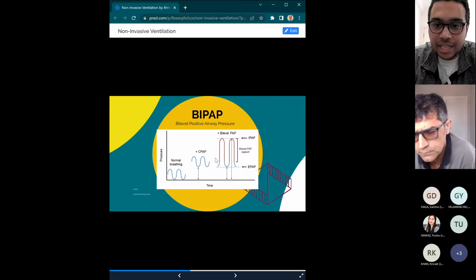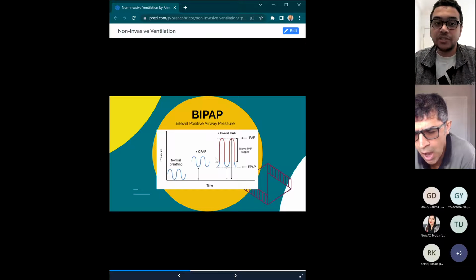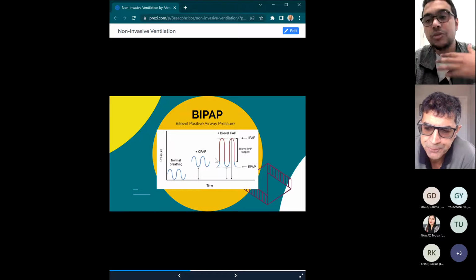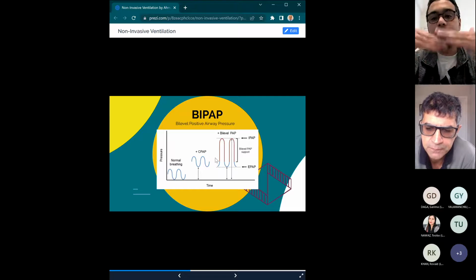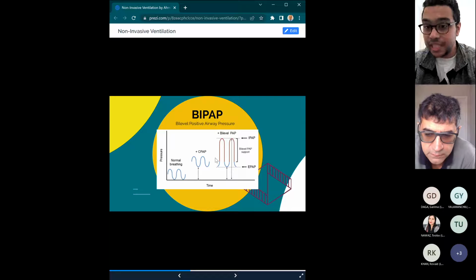The intrinsic PEEP is the pressure that we keep in our lungs at the end of expiration, trying to keep the lung open. It usually happens because of the closure of the vocal cords and the glottis. So that will keep a little bit of PEEP, usually around 3 centimeters of water.